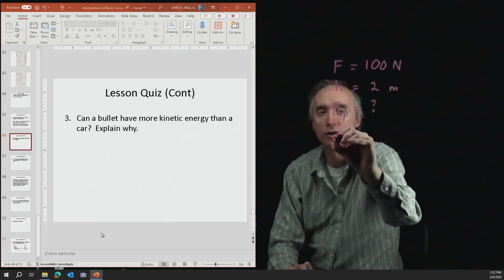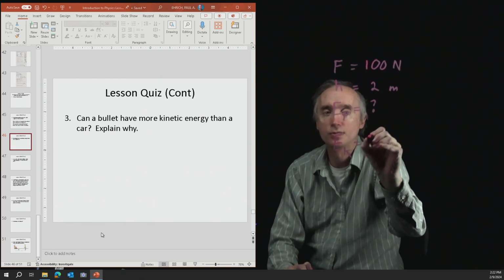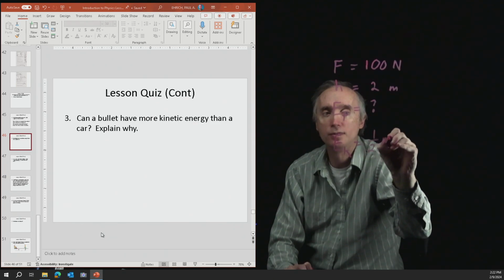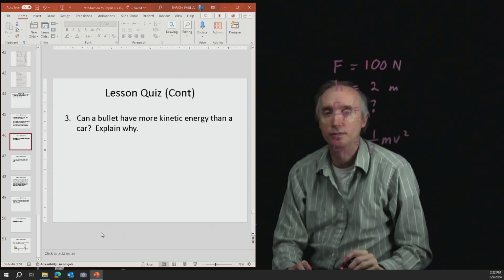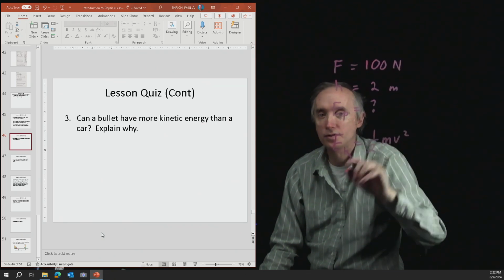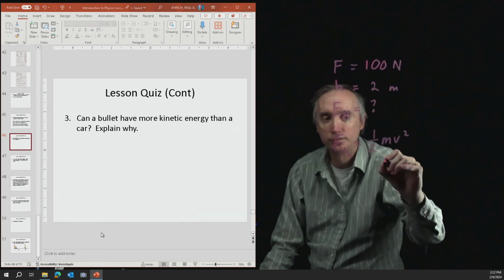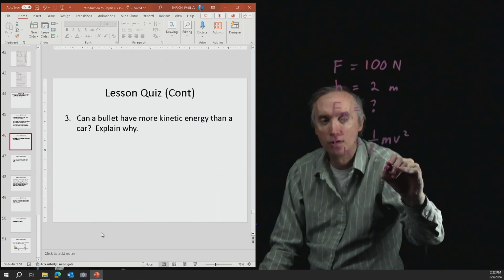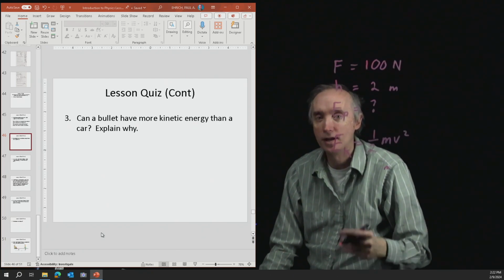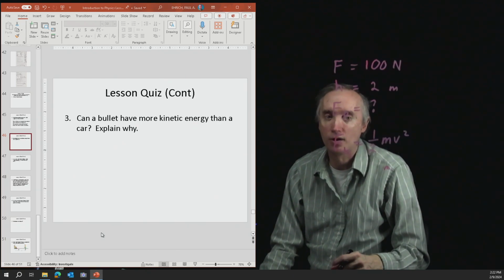So this time we're going to say energy kinetic is 1/2 mv squared. So m is going to be the mass, and then v is going to be the speed. So how can a dinky bullet, so we're going to put a small m, so a bullet has very small mass, have more kinetic energy than a car?